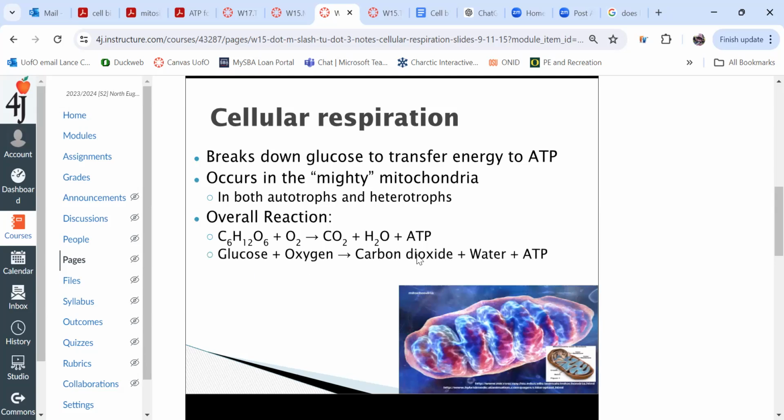Glucose and oxygen produce carbon dioxide, water, and ATP. Remember, in the cellular respiration lab, we were measuring how much carbon dioxide we were outputting. Now we increased the cell's demand for energy, which increased the amount of oxygen we were breathing in and increased the glucose that we were using, which was like stored energy.